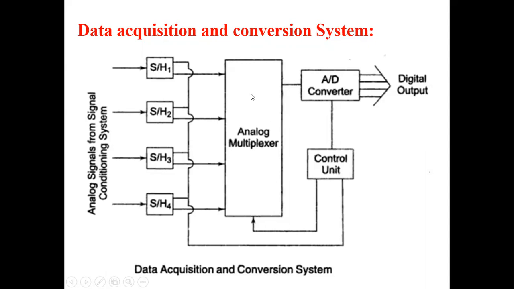Finally, if you want a digital output, we can convert the analog signal into the digital output via the A to D converter. And we have the control unit, which controls all the parameters like the sample and hold circuit, the analog multiplexer and the analog to digital converter. This is how the data acquisition and conversion system works.